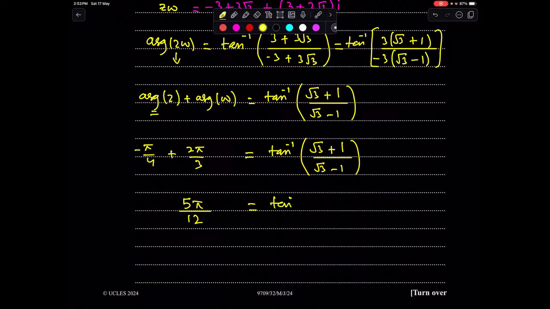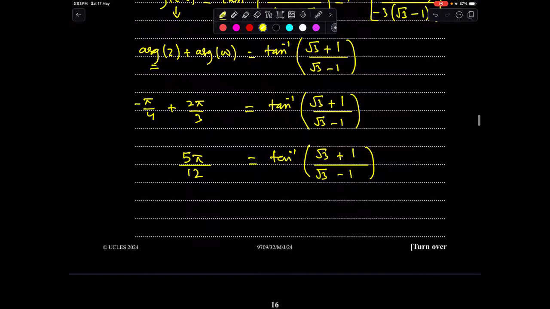Tan inverse of root 3 plus 1 over root 3 minus 1. Finally we have got, bring this tan on the left side. Tan 5 pi by 12 is equal to root 3 plus 1 over root 3 minus 1. That's it. This is what we had to show.